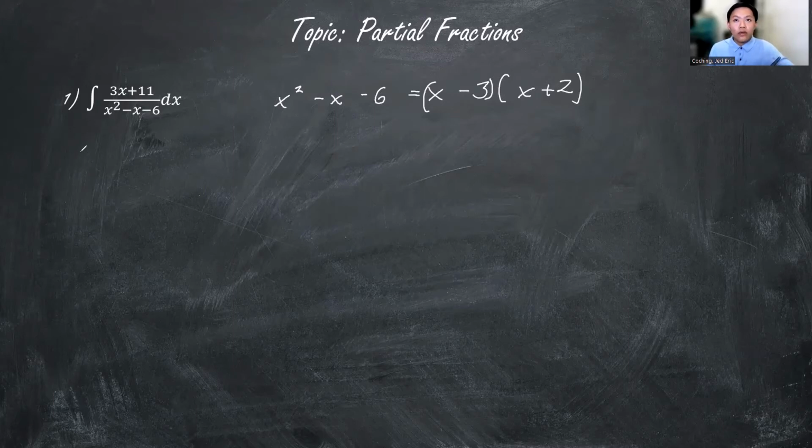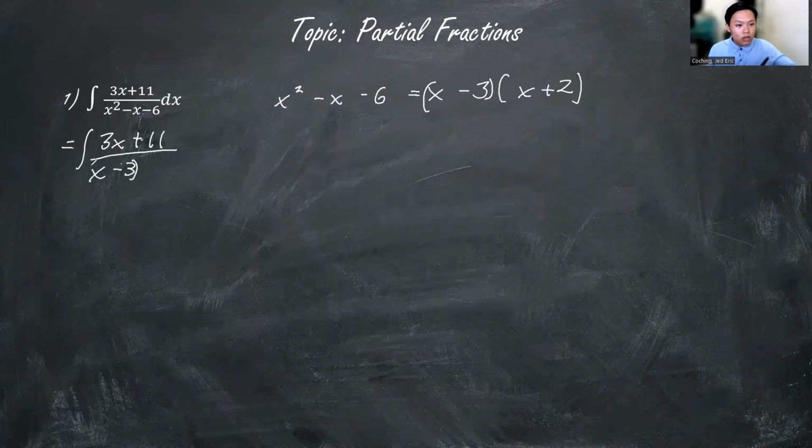So we can rewrite this as 3x plus 11 divided by x minus 3 times x plus 2.